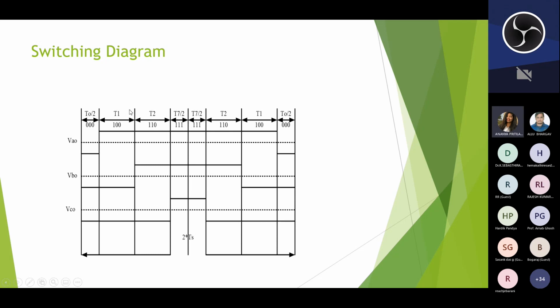the zero vectors. So here in the VA0 waveform, we can see this will continue from T1 to T1. After that, VB0 will again start from T2 till T2. Similarly for VC0.